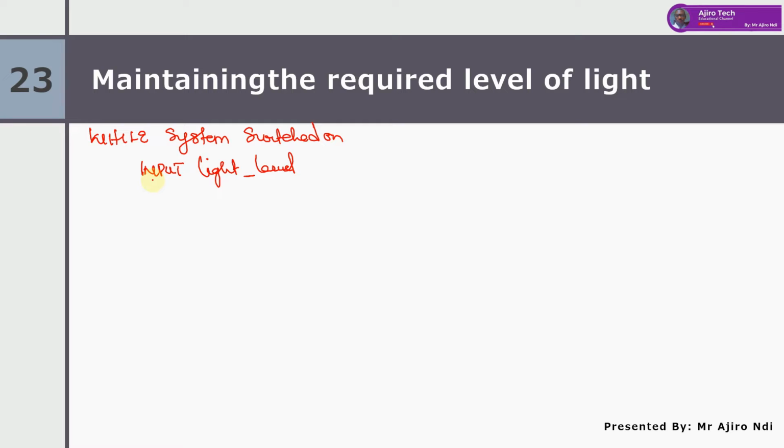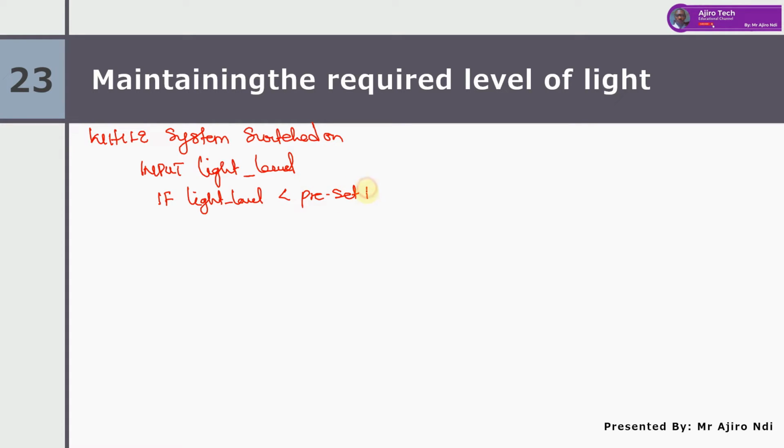The next one is if. So we'll input the light level. So if the light level is less than the preset.